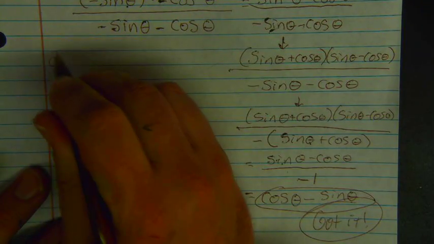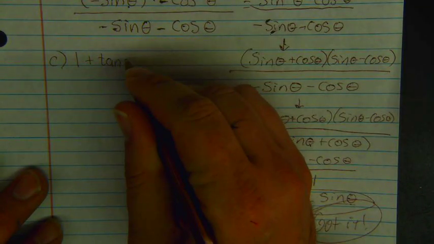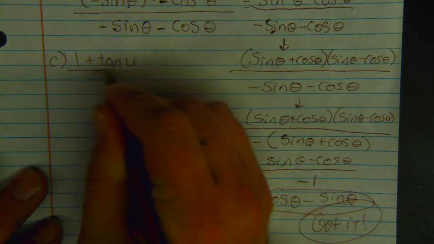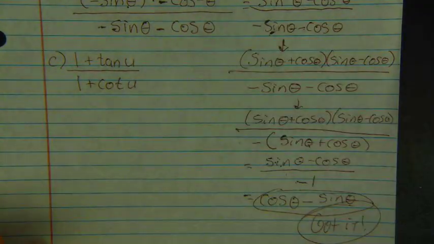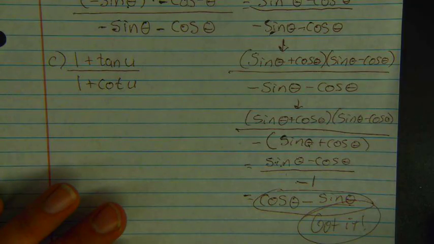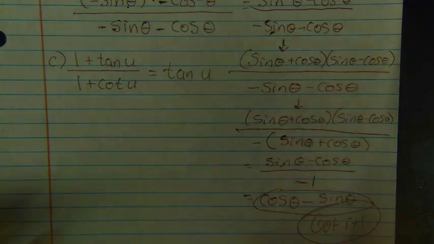Okay, let's try this one, C. Let's go 1 plus tangent u over 1 plus cotangent u, and see if we can get that to just tangent u.